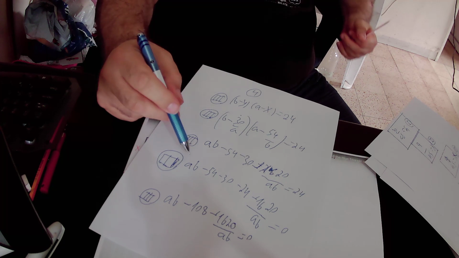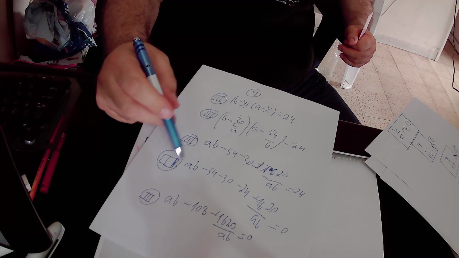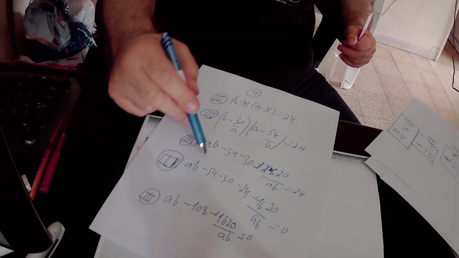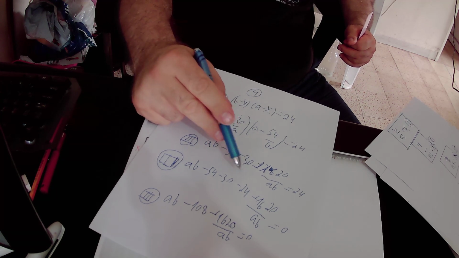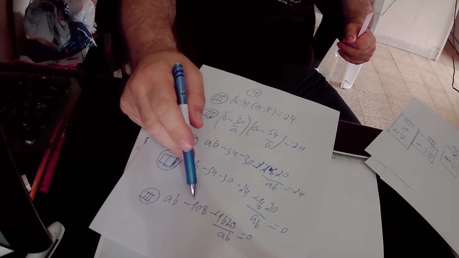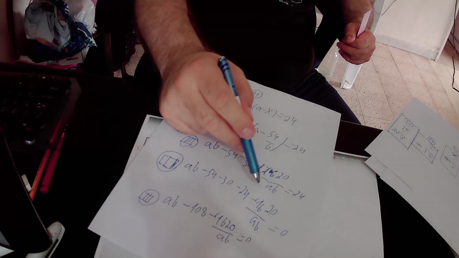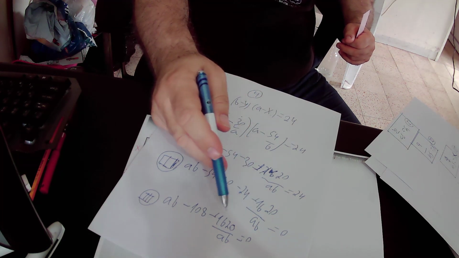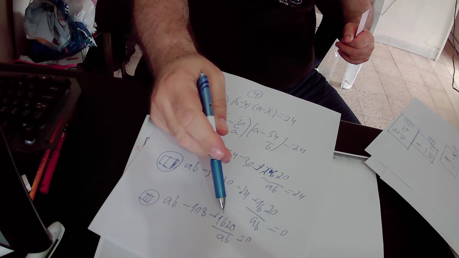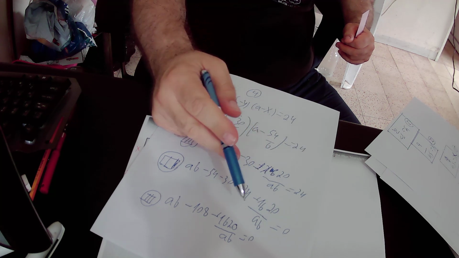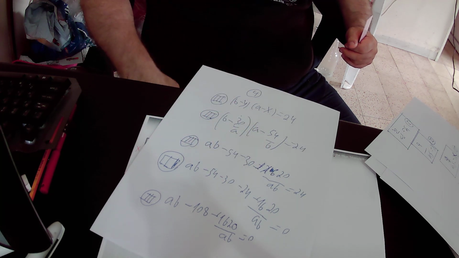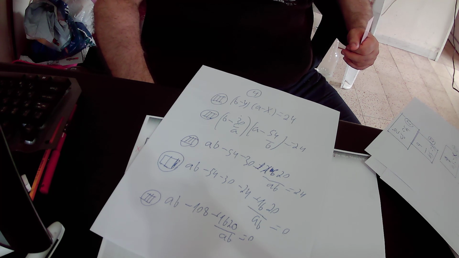Okay, we have AB, and minus 54 minus 30 minus 24 is negative 108, and when we copy it as it is, 1620 over AB equals 0. Here we can multiply both sides of the equation by AB.